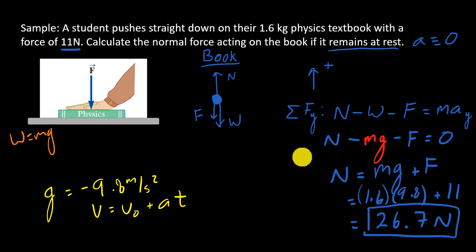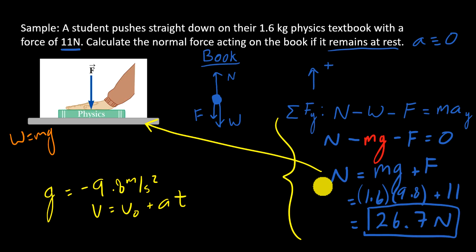The other thing I want to point out is that, yeah, this is a math problem, and you were ultimately getting a math solution, but this math problem makes sense. Okay? If you have a book and it's sitting on the table, the table is supporting that book.